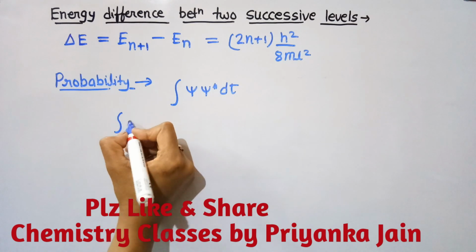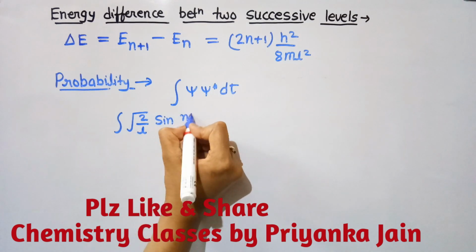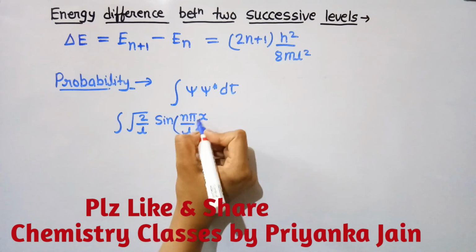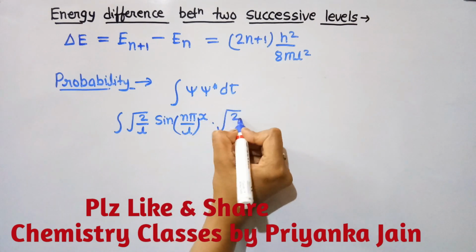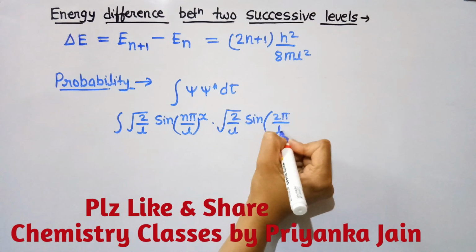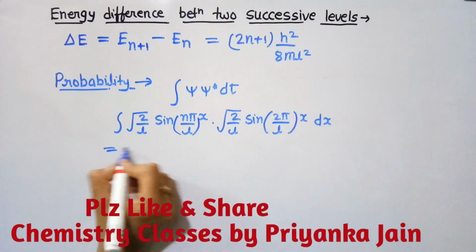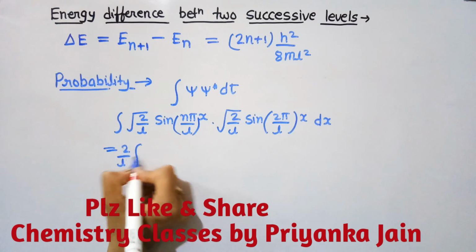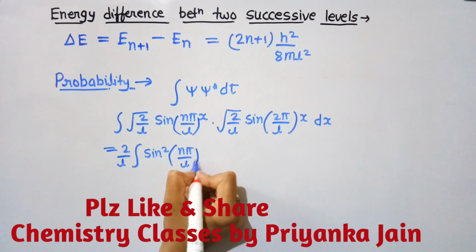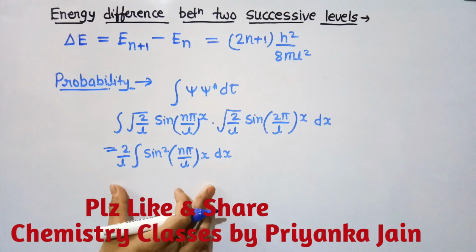The formula for psi is root 2 by L sine n pi x upon L. We have to put this and again this, because there is no iota term, so psi and psi star will be the same, and then dx, right? So it will be equal to the integral of sine square n pi x upon L dx. Now you can put here the values and you can find out the probability.